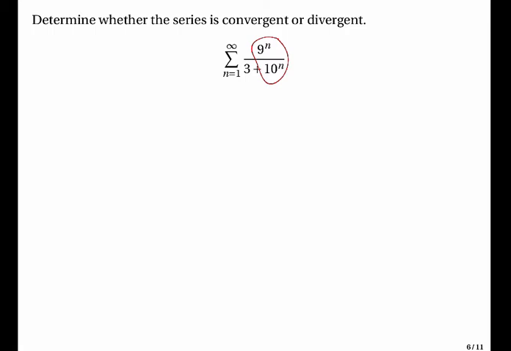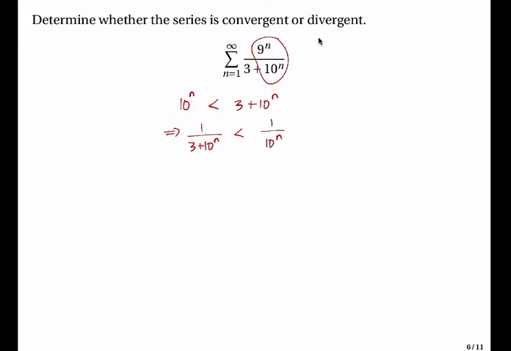This is what we know: 10 to the n is less than 3 plus 10 to the n, which means 1 over 3 plus 10 to the n will be less than 1 over 10 to the n.